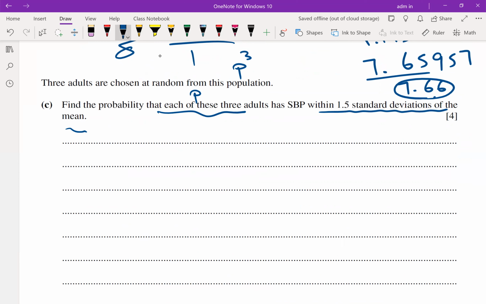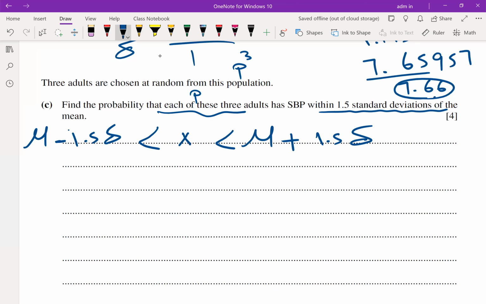It's written within 1.5 standard deviations of the mean, which means mu minus 1.5 standard deviations and mu plus 1.5 standard deviations. This is the range of the value.